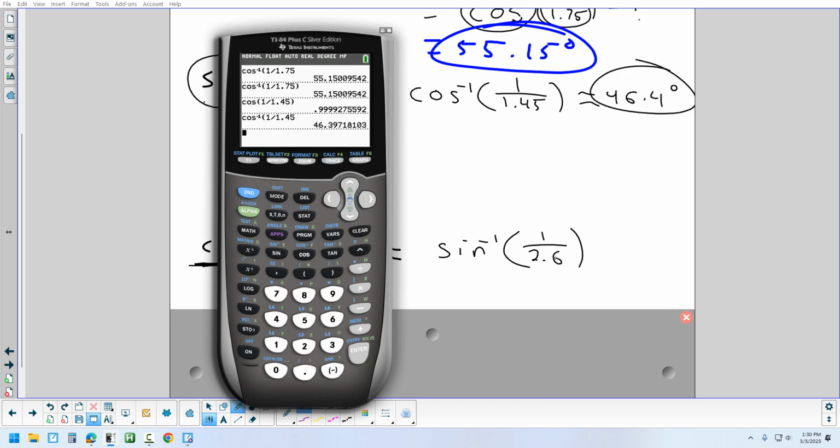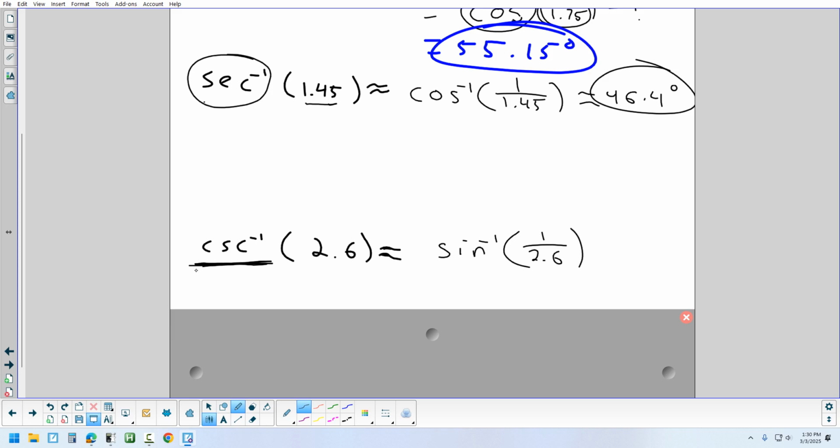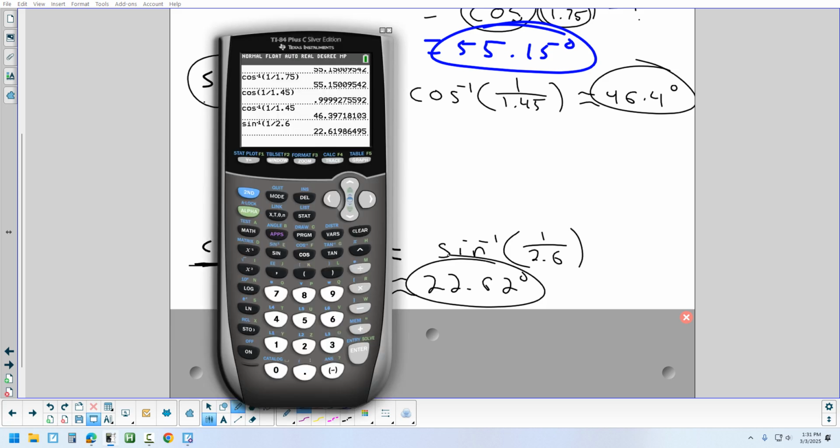Okay. So inverse sine of 1 over 2.6, 22 point, let's just call it 22.62. And if they want it in radians, I haven't been doing those, but you would just put the mode to radians, type in the same problem.